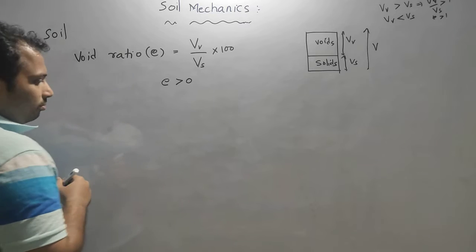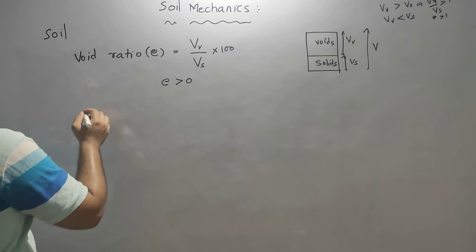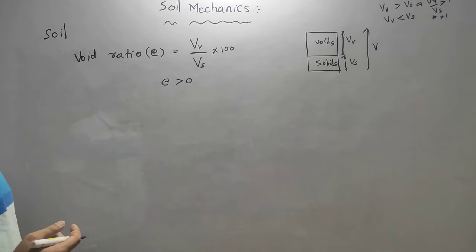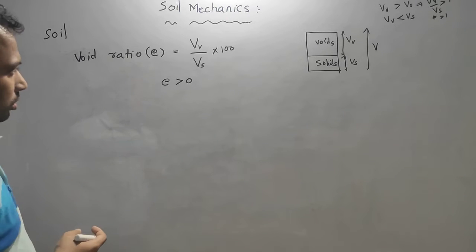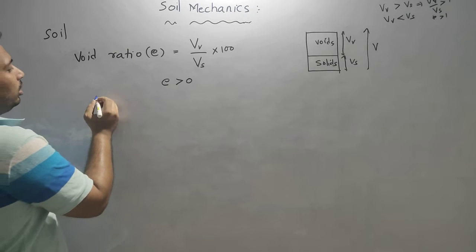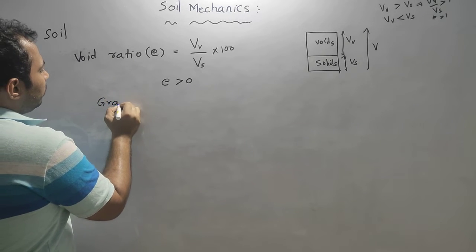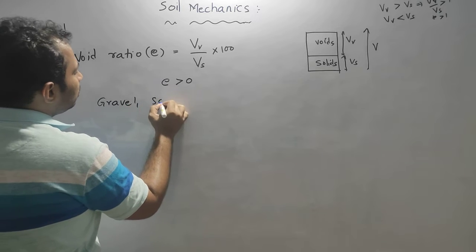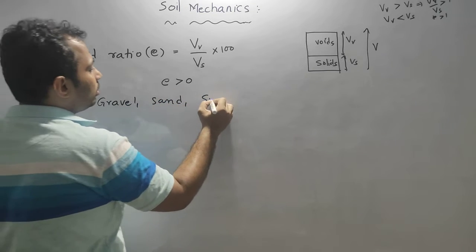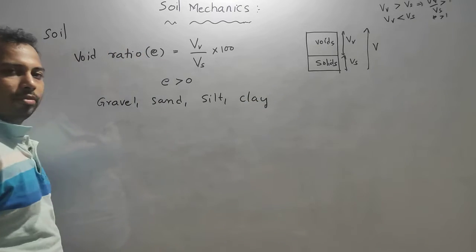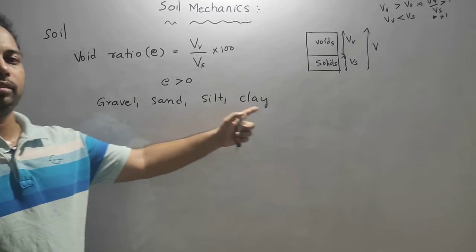Here, for defining e, generally for different soils, we will be having different void ratios. For example, there are different types of soils: gravel, sand, silt and clay. So we will be having different sizes in it.